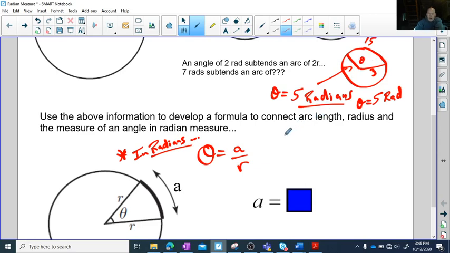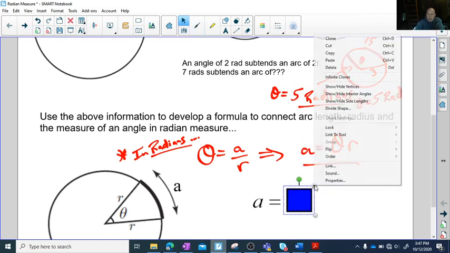you generate your angle in radians. So the nice thing about this is that it allows us to quite easily calculate an angle measured in radians. Now, if I just rearrange that formula, let's suppose I was trying to calculate the arc. Just like any formula, you can rearrange this. So the arc would be the angle in radians multiplied by the radius, which is what this little box has here.